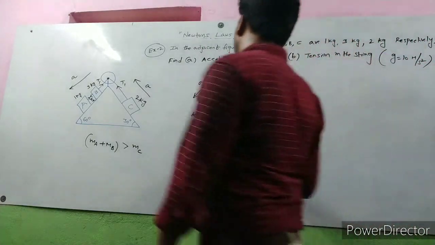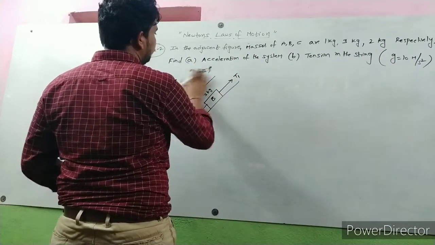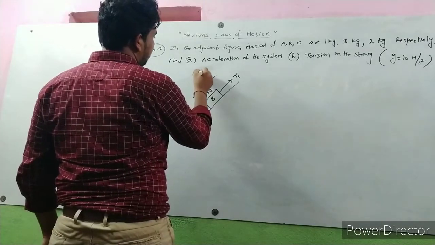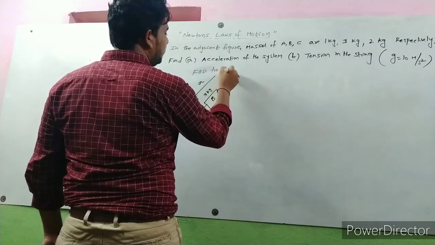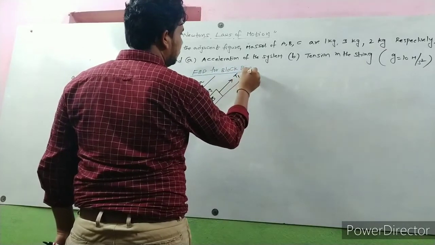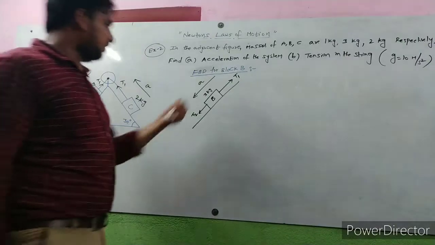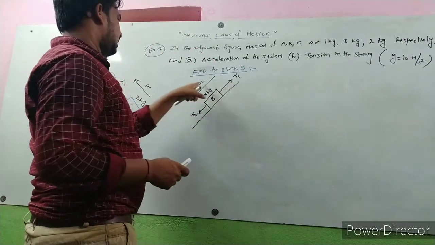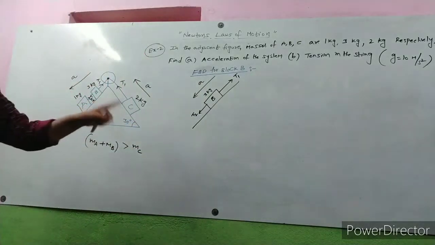This is the FBD for block B. We consider here T2, T1 and A. Okay, so we got it like this.